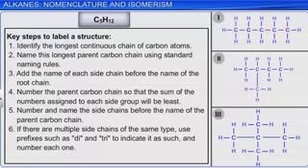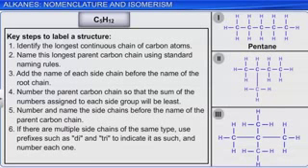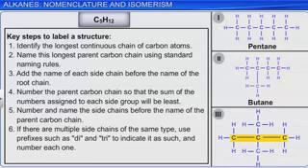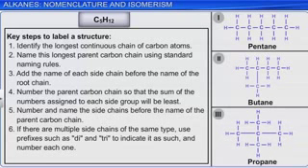The name for structure 1 is pentane, structure 2 is butane, and structure 3 is propane. Since structure 1 doesn't have any branches, its name is pentane. Now, in structure 2 and 3, add the name of each side chain before the name of the root chain. So, in structure 2, we add methyl before butane, and in structure 3, we add methyl before propane.